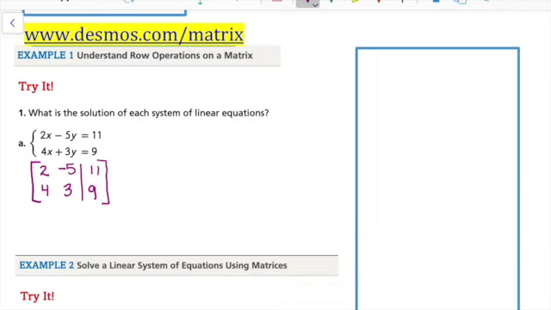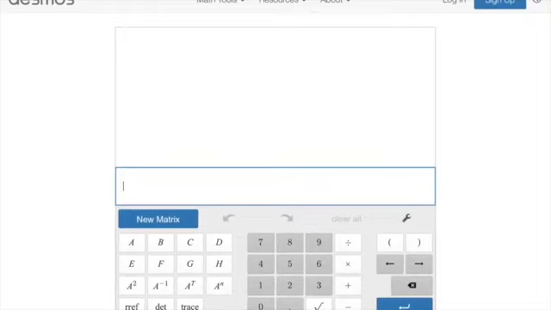All right. And the next thing I want you to do is go to www.desmos.com/matrix. Even if you have been doing Desmos from an app, I personally have not found Matrix as an app. So even on my iPad here, I have to open up Safari, which is the desmos.com/matrix website. So you'll see this.